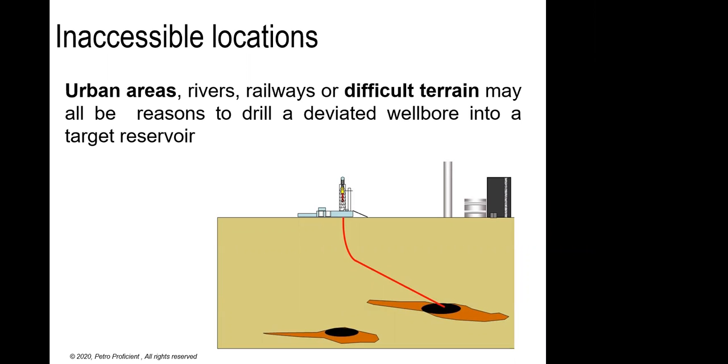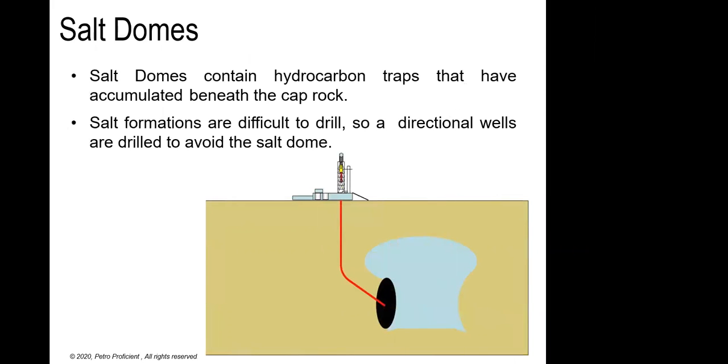And then sometimes we may have a salt dome. These salt formations are considered to be natural traps for hydrocarbons, because they act as a cap rock. And there are several drilling problems associated with salt domes, so sometimes it is required to avoid the salt dome.